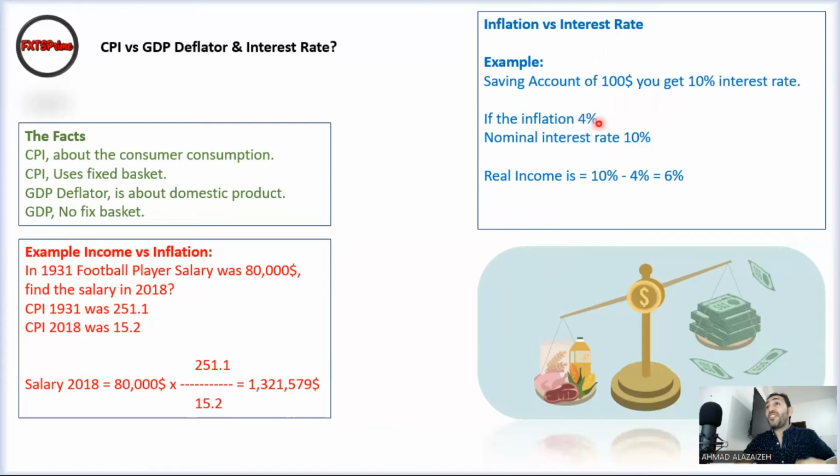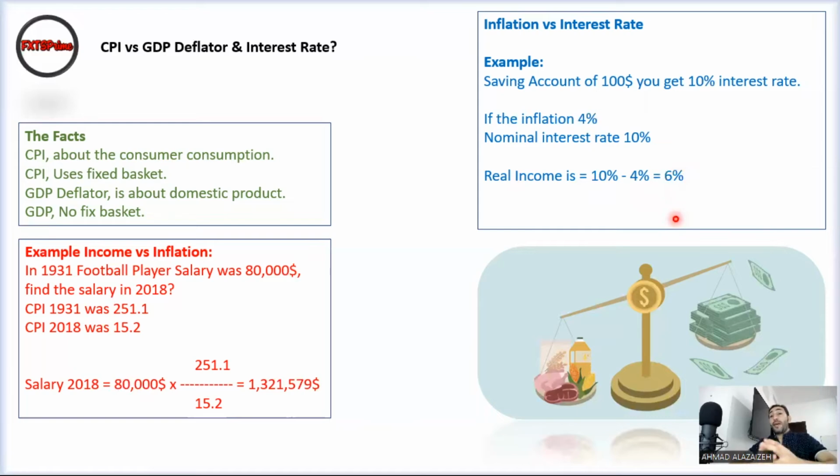So if inflation rises by 4%, that means the purchasing power of your money has gone down by 4%. So you are earning 10%, and that is the nominal interest rate. You need to subtract from it the inflation rate to come out with your profit, which is 6% real income.